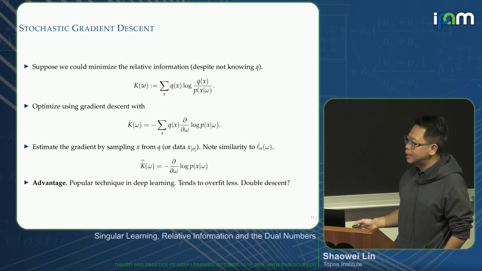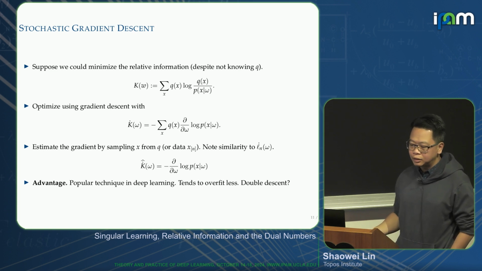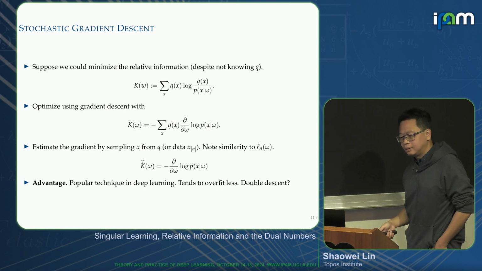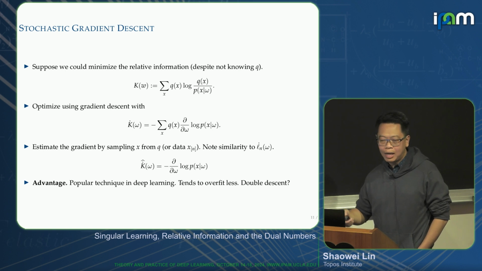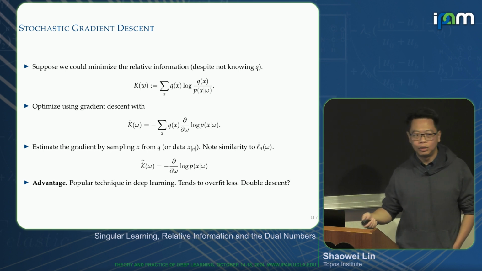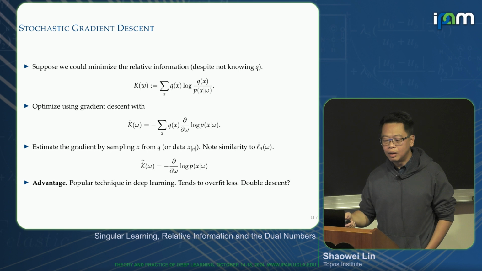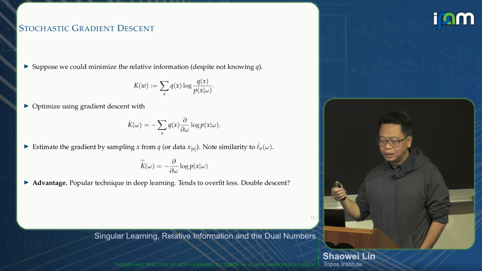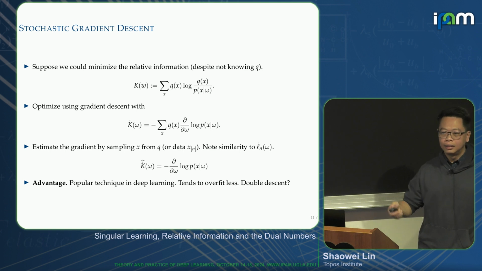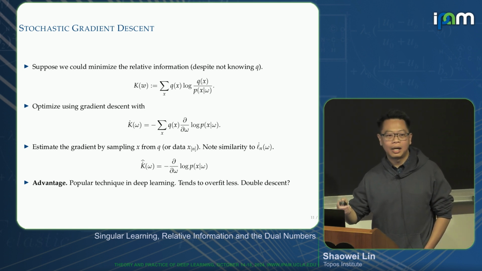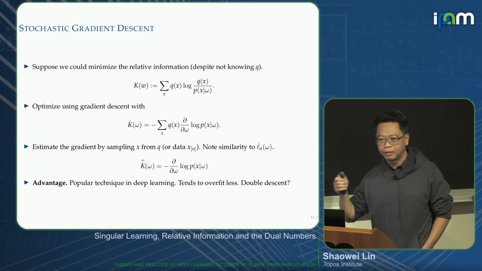Now, if that's the case, then we can start to think about things like: why is it that if you use stochastic gradients, you don't tend to overfit so much? Why is it that we have something called double descent happening when we do stochastic gradients? Is there a way to think about the asymptotic behavior of stochastic gradient descent from the point of view of singular learning? This is exactly what a bunch of people have been thinking about right now.